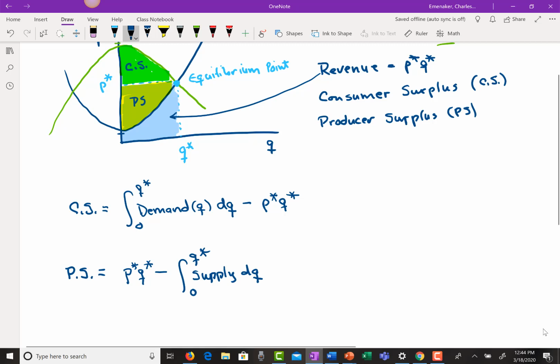You will be responsible for knowing how to generate these based on the graph and an explanation. What I will do on a quiz or a test is I will give you either the supply or the consumer surplus equation, and I will ask you to derive it, to explain where it came from based on the graph and based on a brief written explanation.